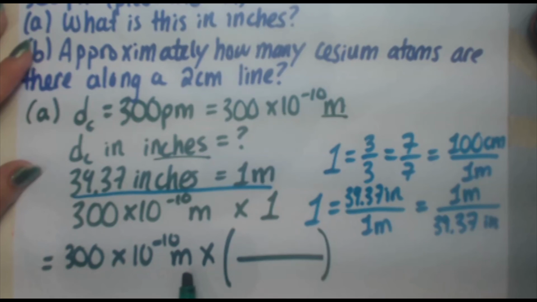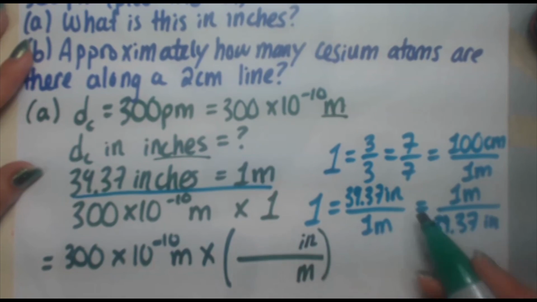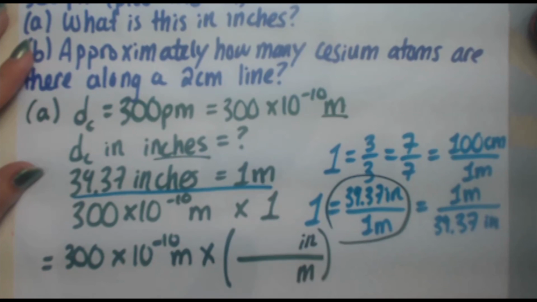You don't get rid of meters by multiplying meters by meters, right? Meters times meters equals meters squared. But meters divided by meters will disappear. So therefore I need to write meters in the bottom. The unit that I'm trying to achieve is inches, so I write that on top. And the ratio of inches to meters that equals 1 is this one right here. So that's the one I'm going to plug in.